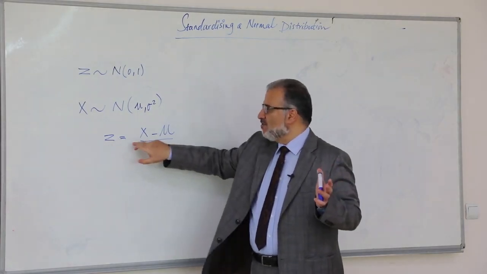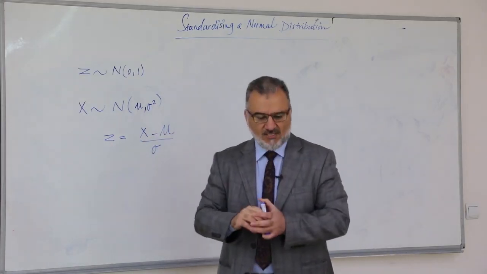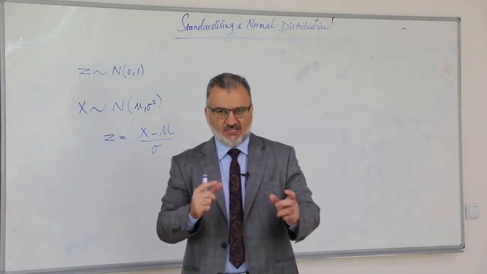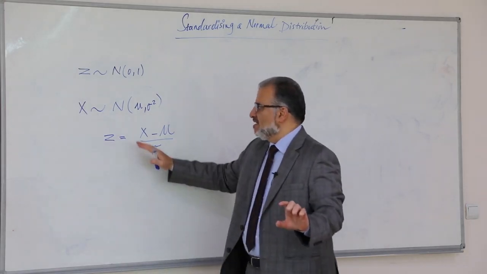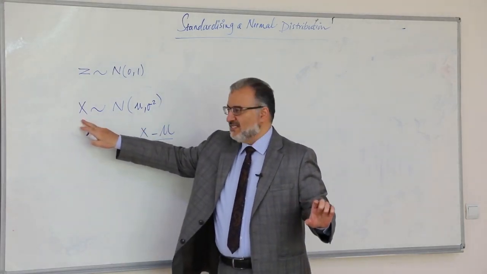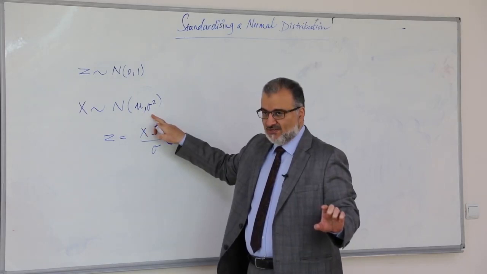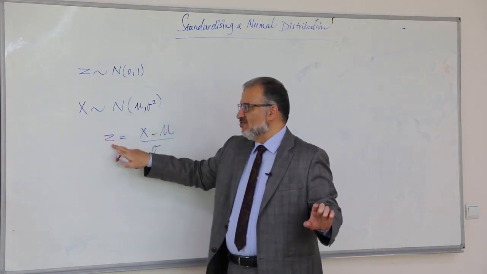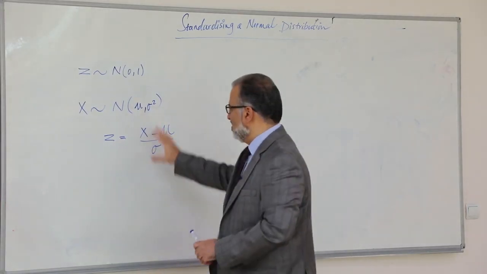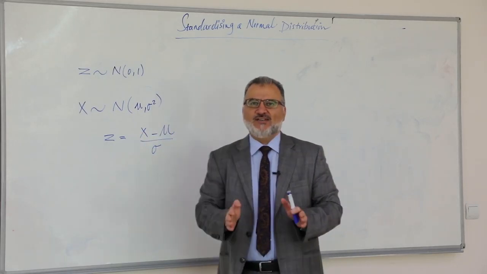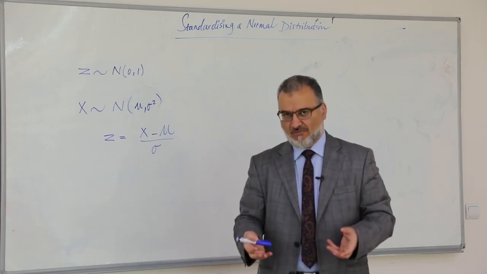You have to go through that equation to change x into z. It is very similar to changing currencies from one currency to another according to a certain rate. Regardless of the values of mu and variance, we can change x into z through that equation to make it standard normal, and once you arrive at the value of z, you can go through the normal process that we studied in previous lectures to find the probability.